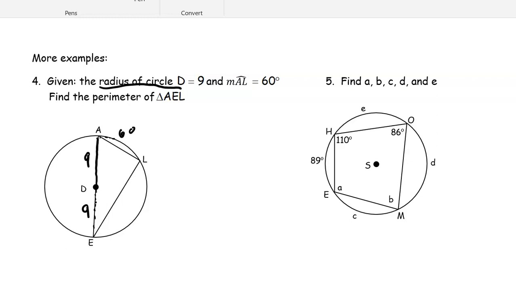So from here to here is 60. What that would tell us is that this is a 30-degree angle. All right. The other thing that we would want to understand is that since this is a semicircle, it's going right through the radius, this inscribed angle here would have to be 90 degrees.